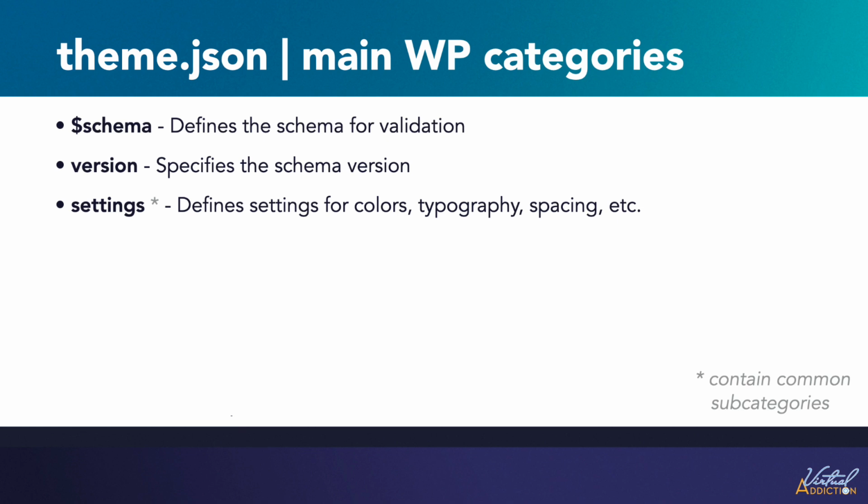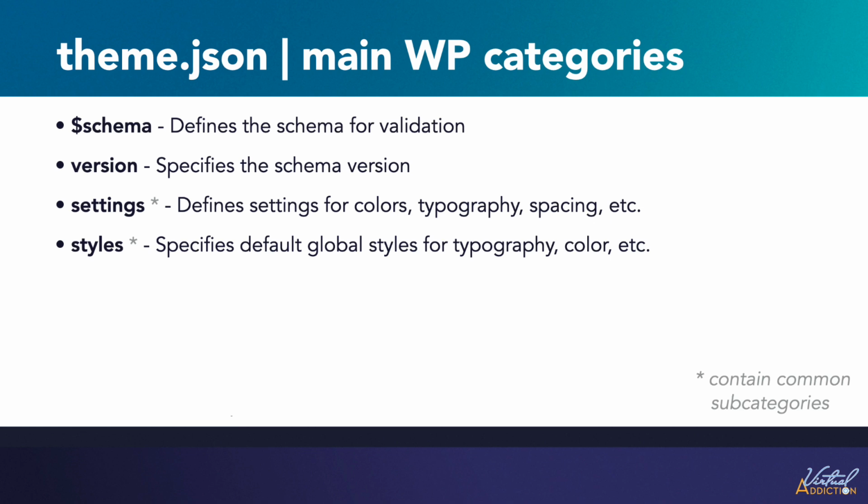This is generally padding and margin, and whether they can be customized or not. Border, this allows customization of borders. We can control things like color, width, style, and radius. Shadow, this defines shadow settings for elements. And dimensions, which configures the ability to adjust element dimensions.